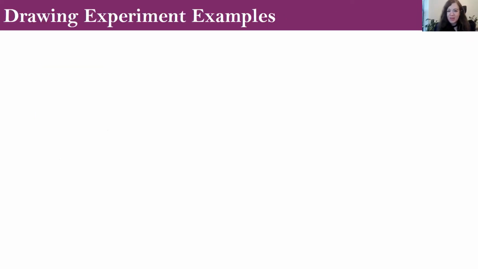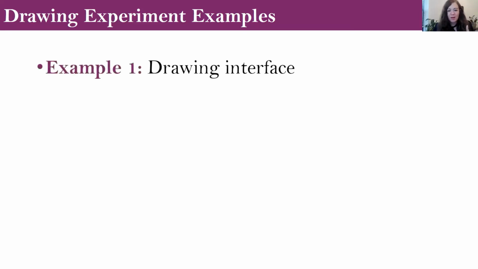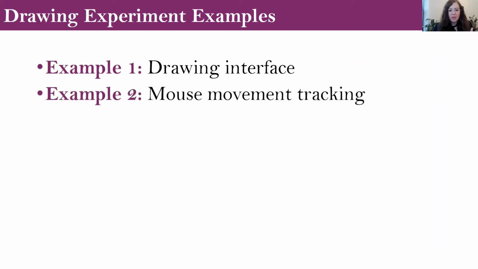And so now for the rest of this lesson, I'm going to go through 3 of the 4 example code bases that we make available on the OSF wiki. So in the first example, I'm going to show you an experiment that's just the drawing interface. Then in the second example, I'm going to show you code that is built upon this drawing interface that also includes mouse movement tracking.